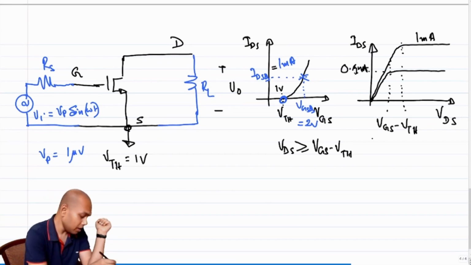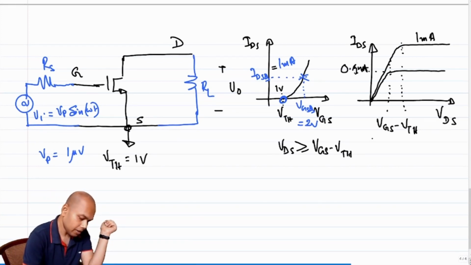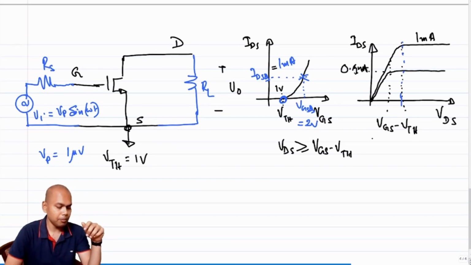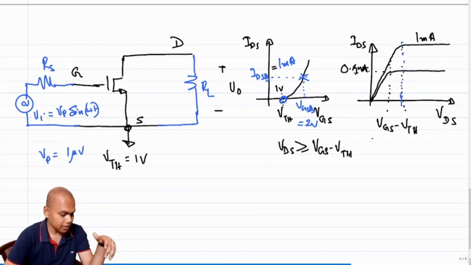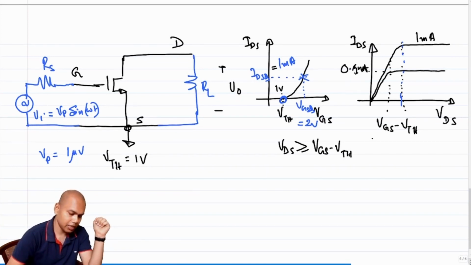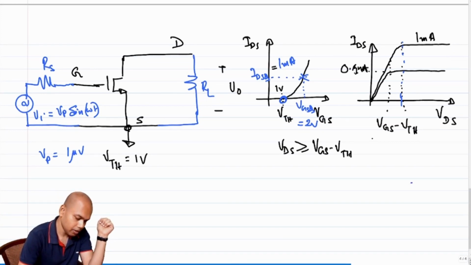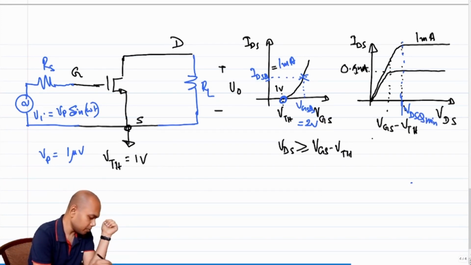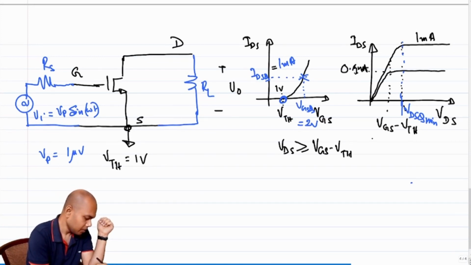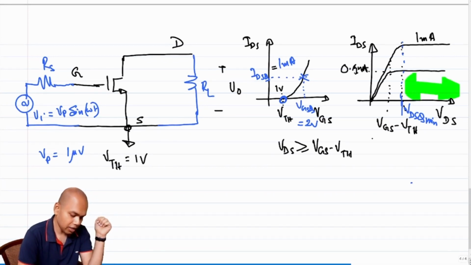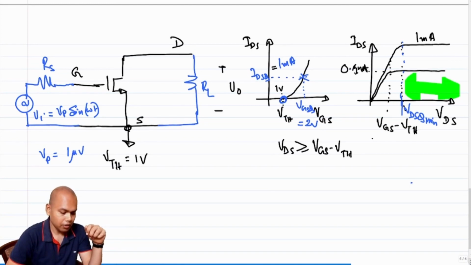Okay, so I will say that the minimum VDS, right? The minimum VDS for which I can satisfy both the input and the output condition is when I hit this value VDSQ min. If we can bias our circuit on this side of this region of this ID/VDS characteristics, right?